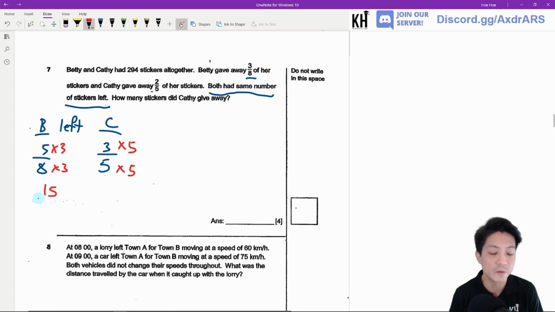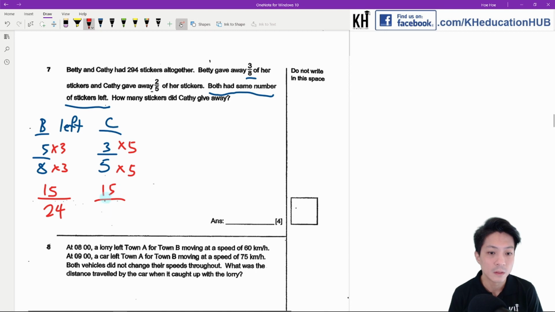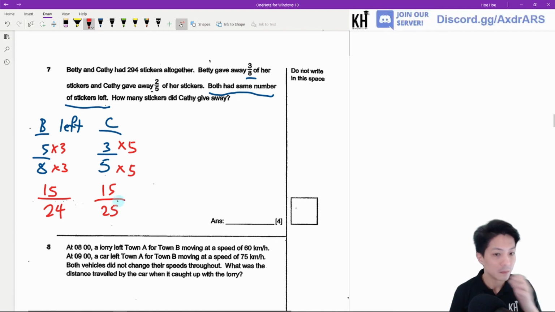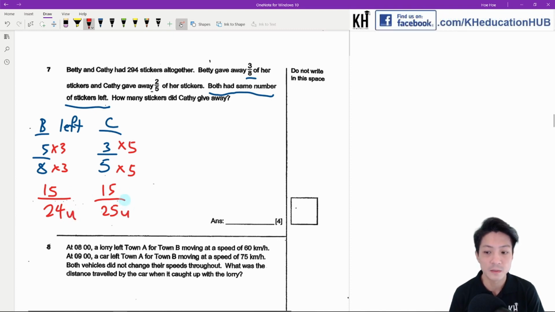This is gonna give me 15 over 24. Okay, and 15 over 25. Okay, which means that Betty has got 24 units and Katie will have 25 units altogether.